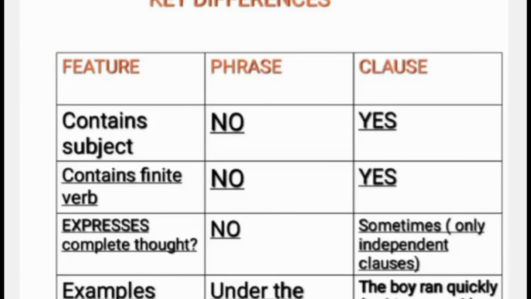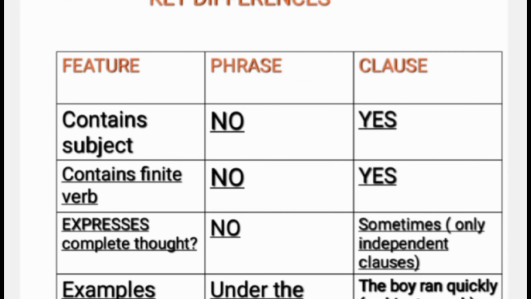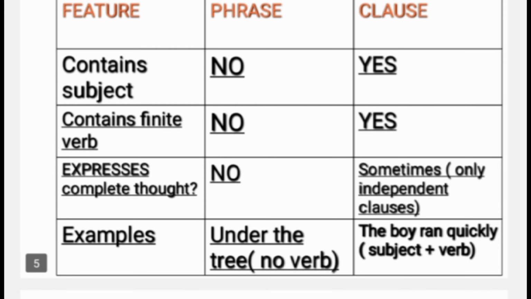Then, key differences between a phrase and a clause. Look at these features. Feature number one says contains subject.